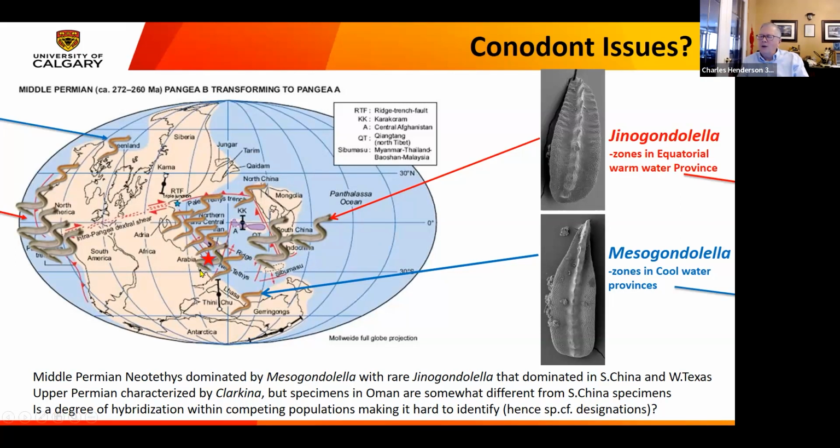In fact, when you look at the conodonts in Oman, you get mostly the cool water Mesogondolella, but then there's some of the serrated forms as well, but more sporadic occurrences. So there's an intermixing across this area here.